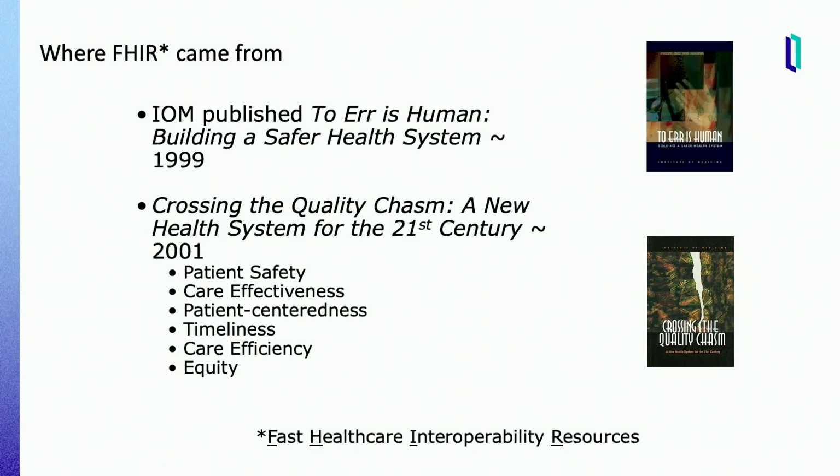So let me start by going back to when I would point to when the discussion started that led to the development of FHIR. And that was in 1999, the Institute of Medicine, that's now called the National Academy of Medicine, published a report that was called To Err is Human.